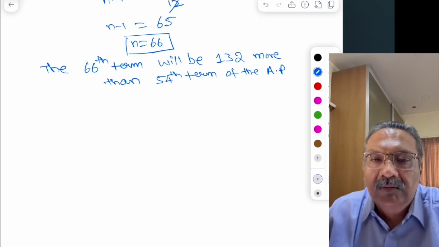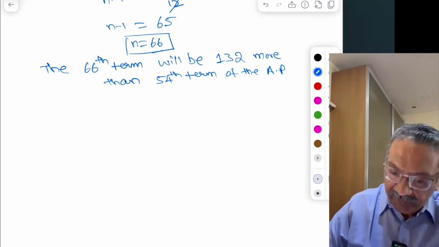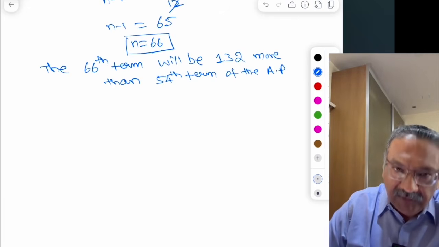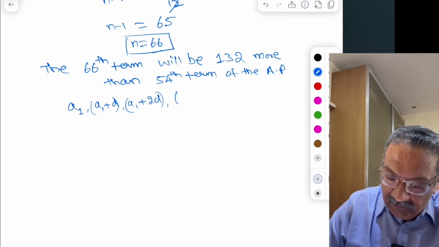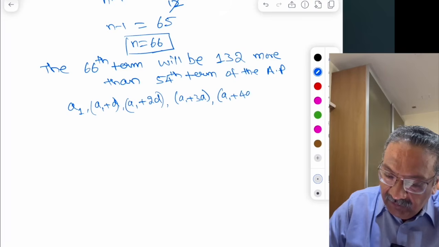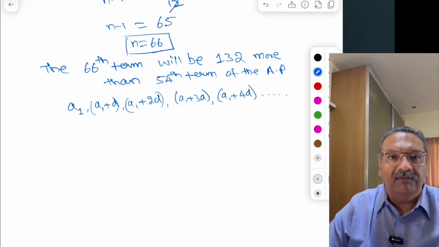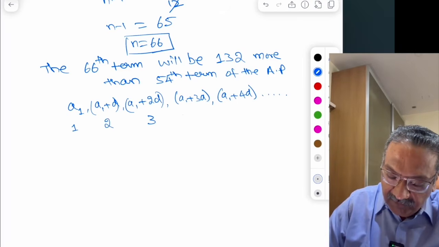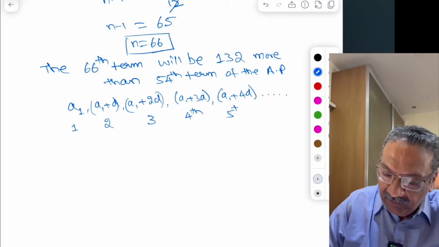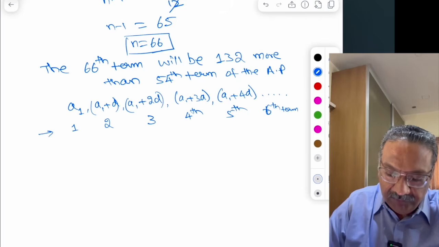Here I would like to explain a small concept. Let us have an AP, the general form of AP: a1, a1 plus d, a1 plus 2d, a1 plus 3d, a1 plus 4d and so on. This is the general form of the AP which we all know. This is the first term, second term, third term, fourth term, fifth term, sixth term and so on.